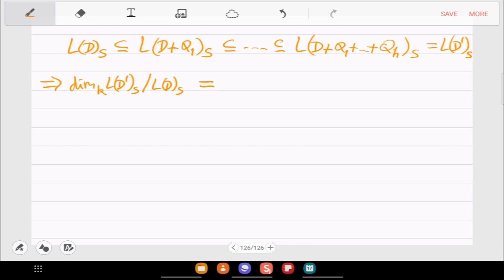You have a sequence of vector spaces strictly growing. If you know the dimension of each of these quotients in the middle, then the sum will be the total dimension. This is just like Gaussian elimination or growth of a basis. You find the basis of L(D,S), then you grow it by 1, then grow it again to get to the next one, and so on. So just grow the basis and you get this sum.